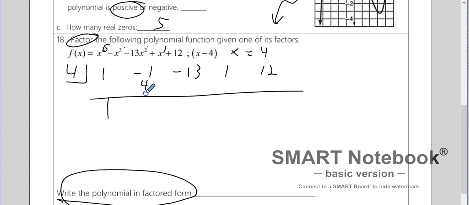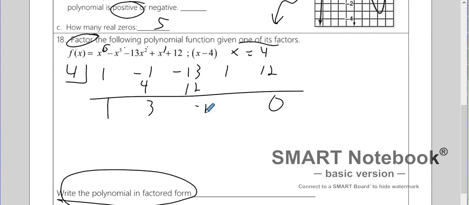Drop the 1, multiply. Now, here's the other thing. Remember, since it says that this is one of the factors, we know right here we should get a 0. If we don't get a 0, we made a mistake. It happens. Go back and check your math. 4 minus 1 is 3. 4 times 3 is 12. That's -1.